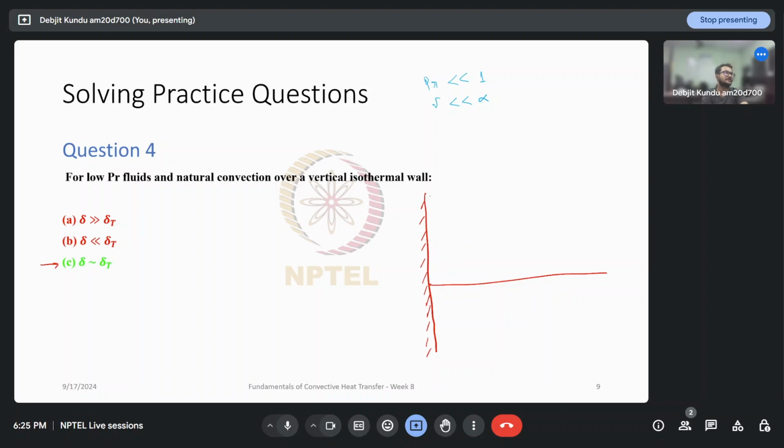So we can expect that the thermal boundary layer is pretty thick. So let's say we start from here and then we take some time before we can reach the temperature. So this is roughly where the thermal boundary layer ends. This being delta T.